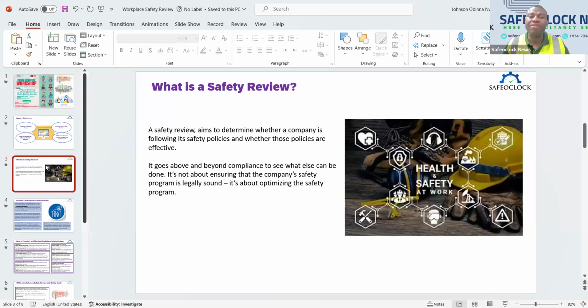So they want to confirm if these programs, these policies are effective for their organization. It goes beyond what the law says. In most cases, you are not trying to meet legal requirements or ensure that you are meeting what the standard says, but you are ensuring that the policies and the procedures you have in place are effective and are giving you what you want.